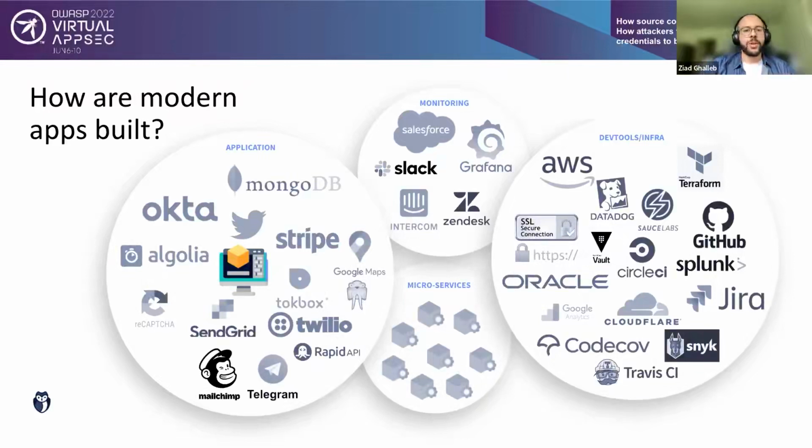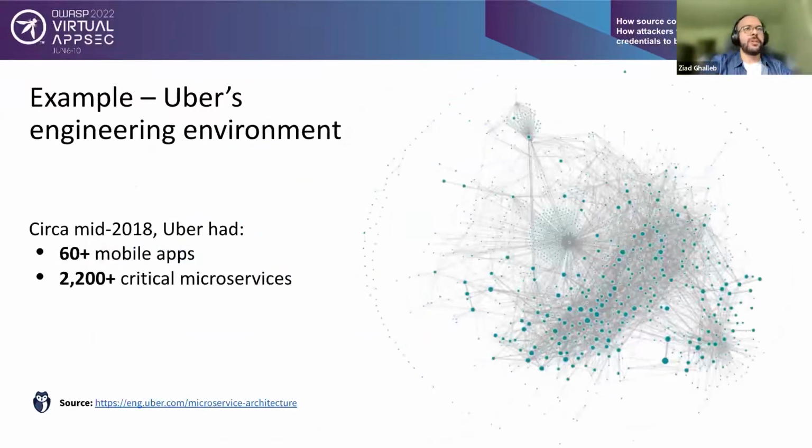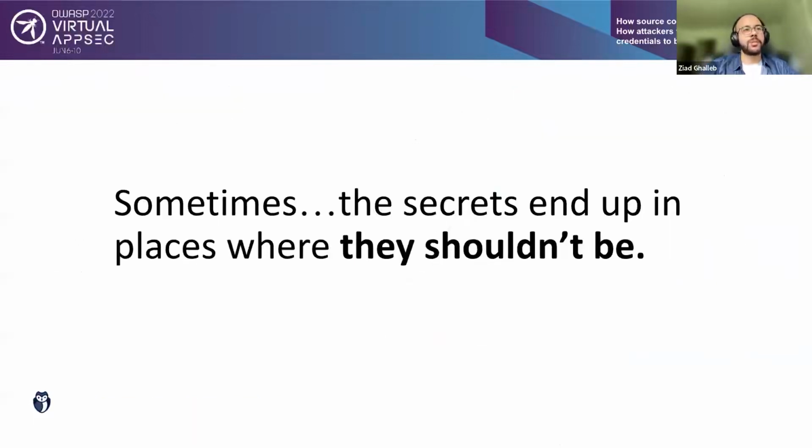To illustrate this, here is a real-life example from Uber's engineering environment: circa mid-2018, Uber tried to map its different microservices and components and found out that it had more than 2,200 critical microservices in its engineering ecosystem. All of these components talk to each other and authenticate against each other with the help of secrets. Now, sometimes the secrets will be in places where they shouldn't really be. And this is what we're going to address during the talk.